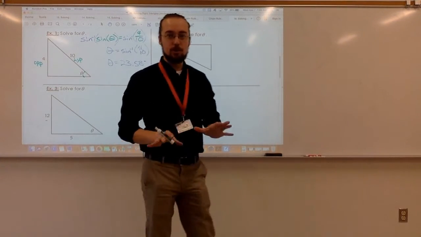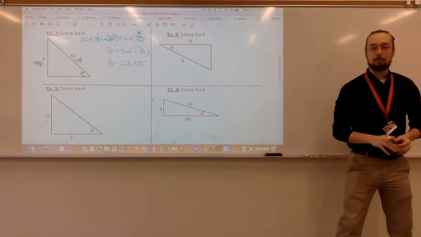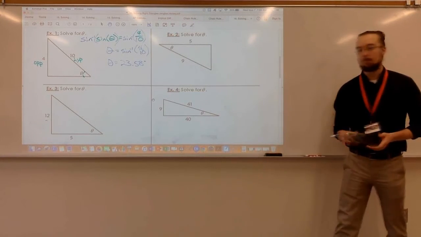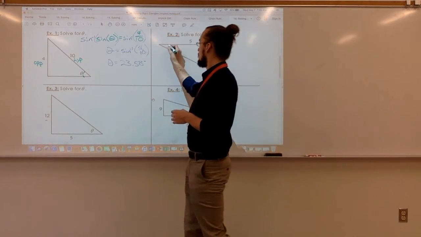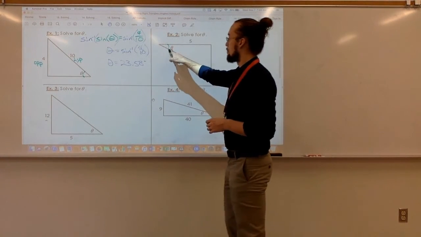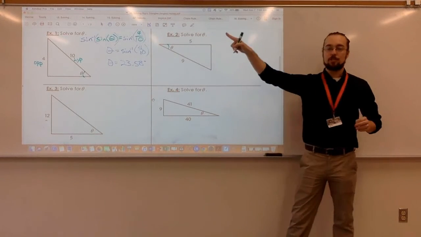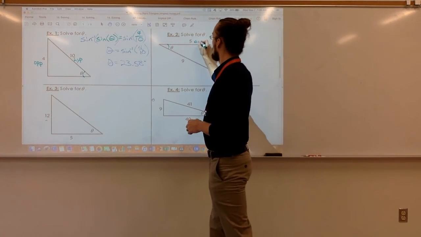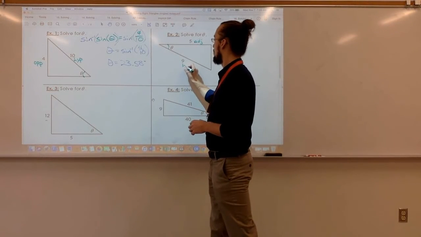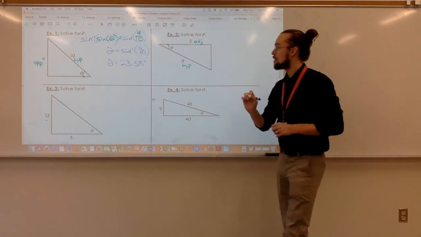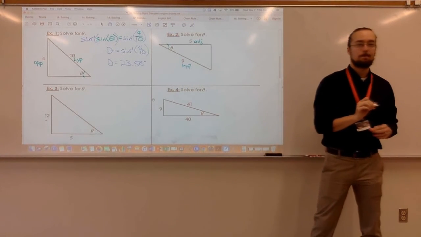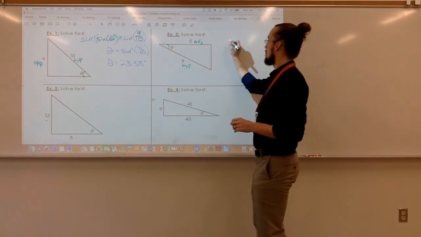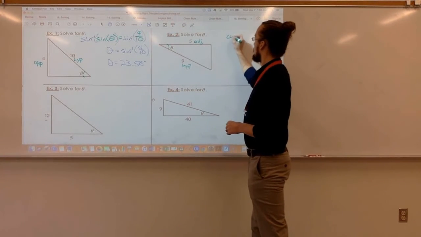Alright, do we feel like we can try a couple of these, or do we want to do another one together? One more. Okay, so let's label our sides. With respect to theta, is 5 opposite, adjacent, or hypotenuse? Adjacent. How about the 9? Hypotenuse. So what trig function? Cosine. So what will my setup be?